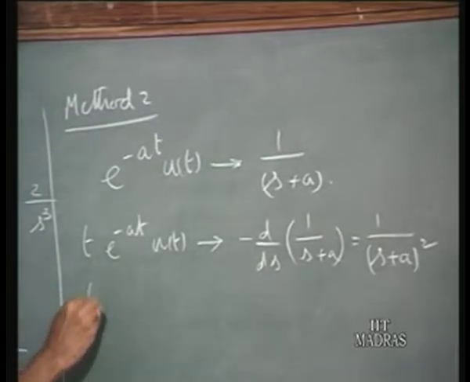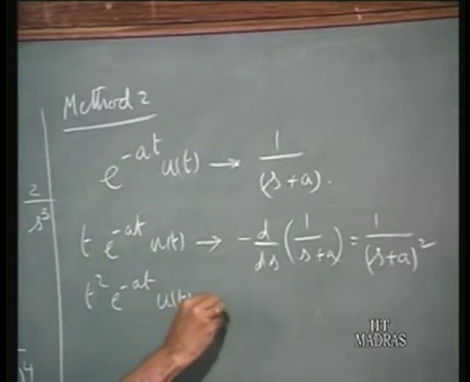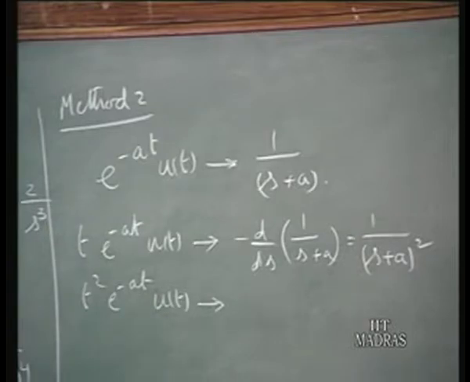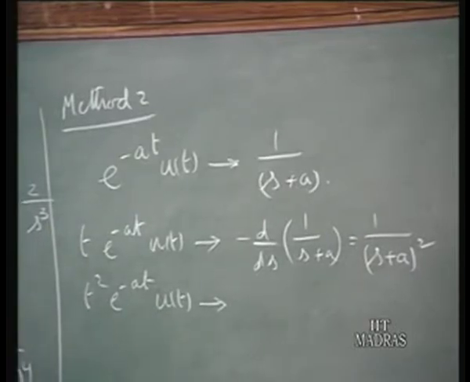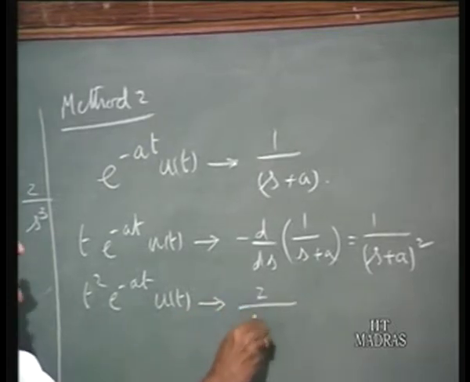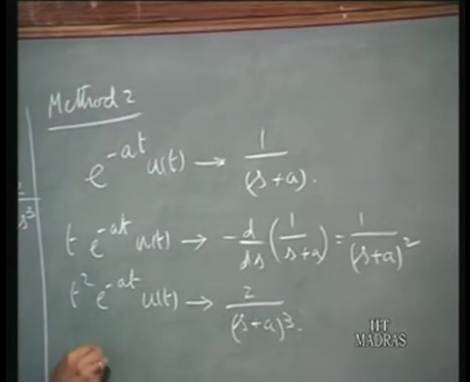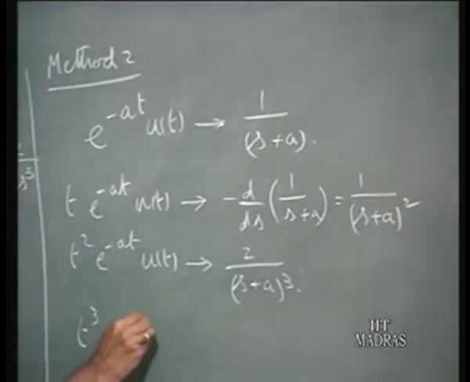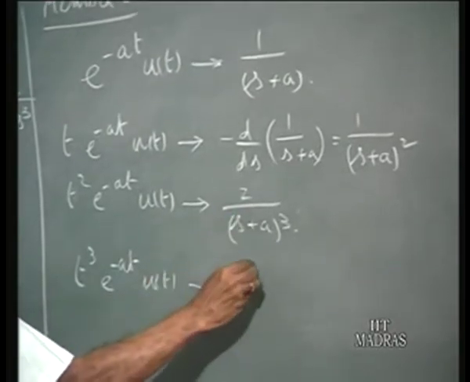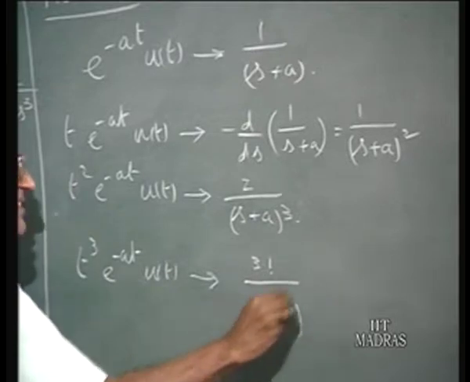Then likewise t squared e to the power of minus at u(t), by the same process, taking this second derivative, again the derivative of this with respect to s and putting a negative sign, it becomes 2 over s plus a whole cube. And t cubed e to the power of minus at u(t) will fetch me 2 times 3, that is 3 factorial, over s plus a to the power of 4.